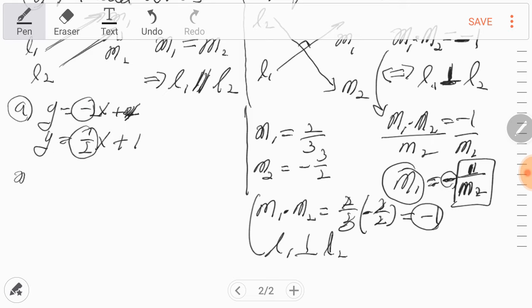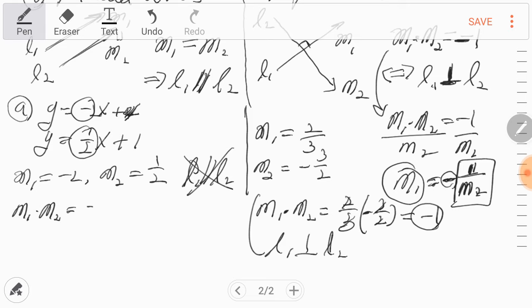The slope of the first line is -2, the slope of the second line is 1/2. Since these two are different, line 1 and line 2 are not parallel. How about the product of these two? Negative 2 times 1 over 2 equals negative 1. Since the product is negative 1, yes, line 1 and line 2 are perpendicular.